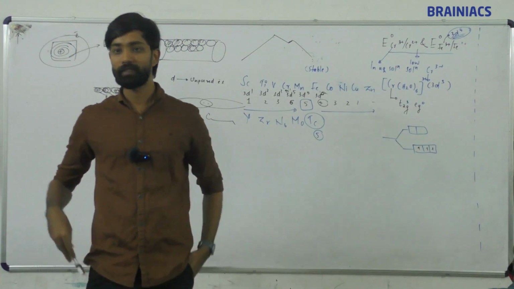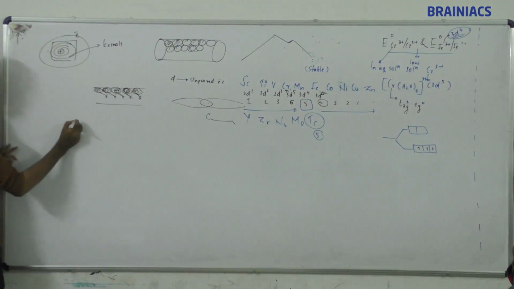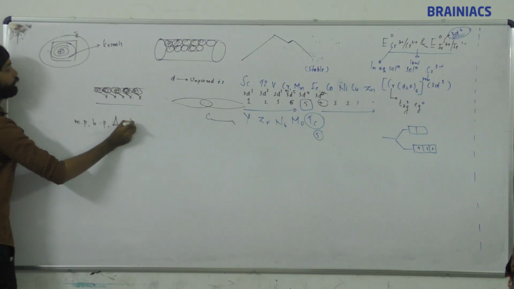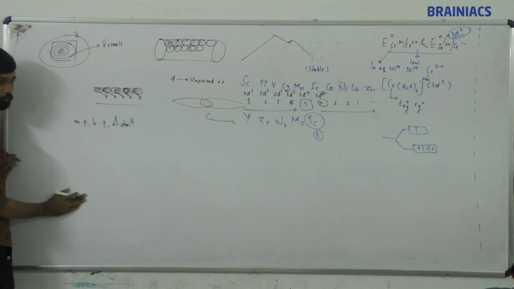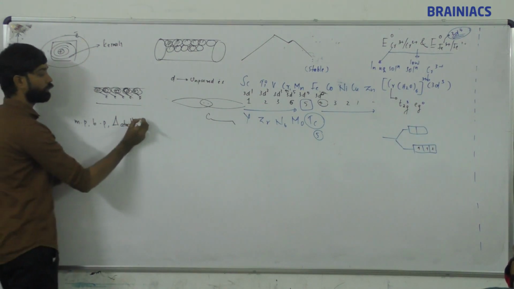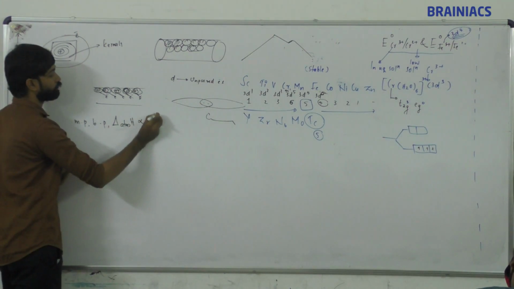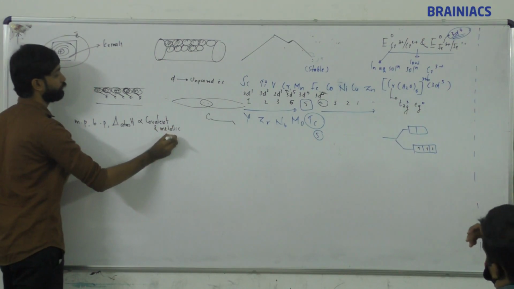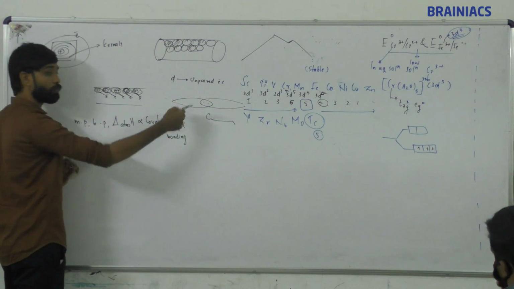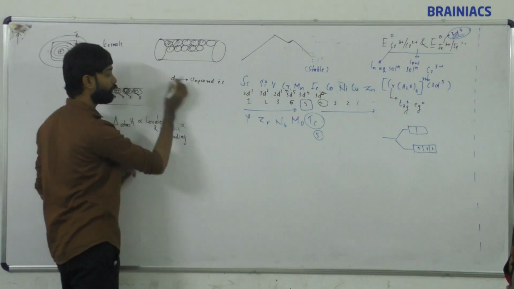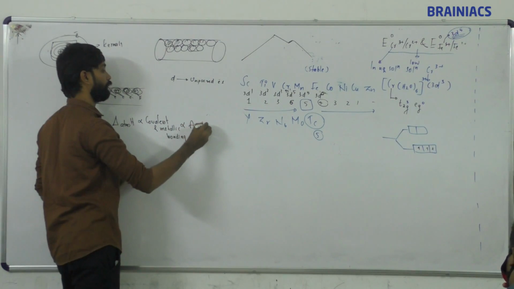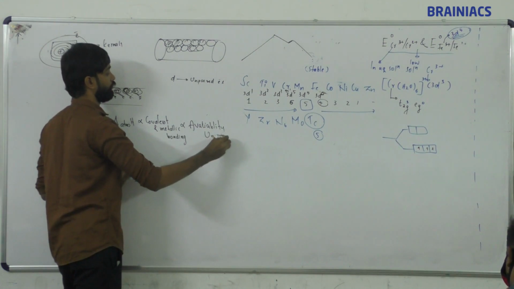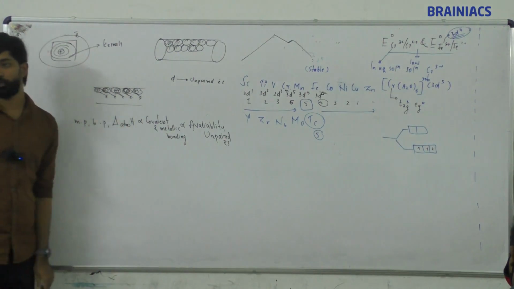Listen, first you have to show this point: MP, BP, and delta ATM H, the heat of atomization, melting point, and boiling point depend on covalent and metallic bonding, which is proportional to the availability of unpaired electrons.